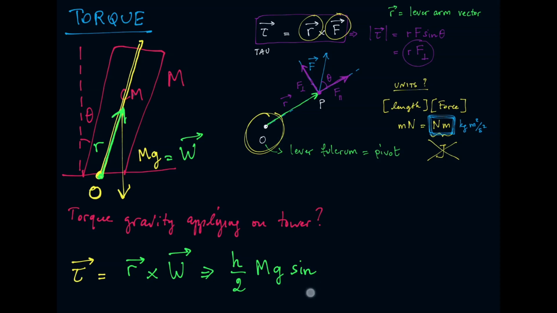The angle between the two vectors, be very, very careful because it's this one, okay? In order to measure the angle between the two vectors, we need to imagine that they both start at the same point. So this is R and this is force. Okay, so this here is the angle theta.